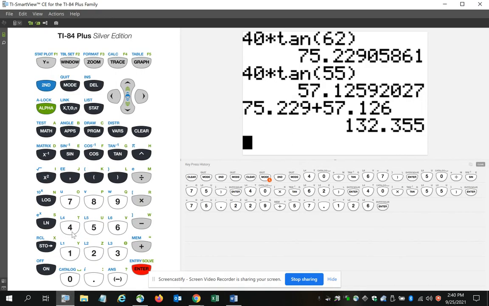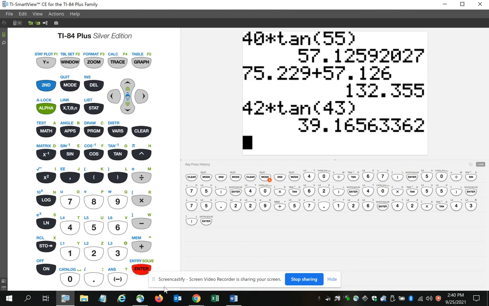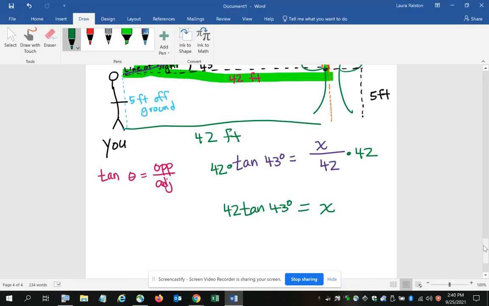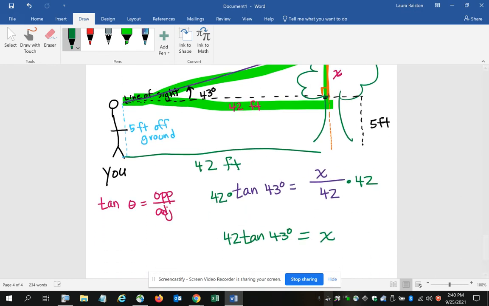So out to my calculator, 42 times the tangent of 43 degrees. I get 39.165. And how did it ask me to round? To the nearest tenth.